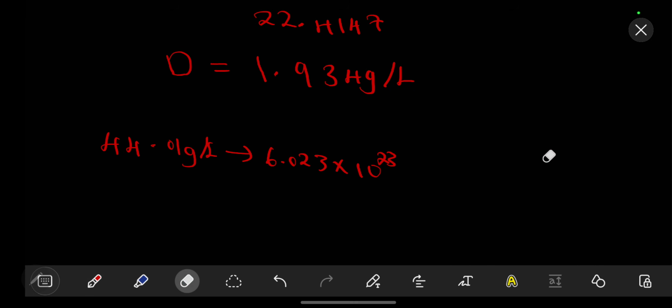As long as the mass is complete, that is Avogadro's law.